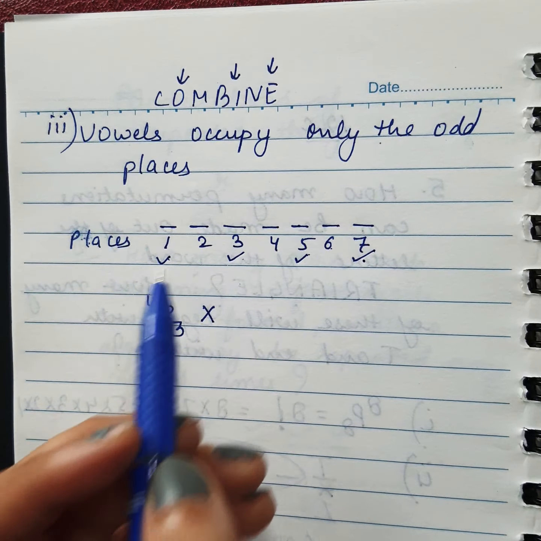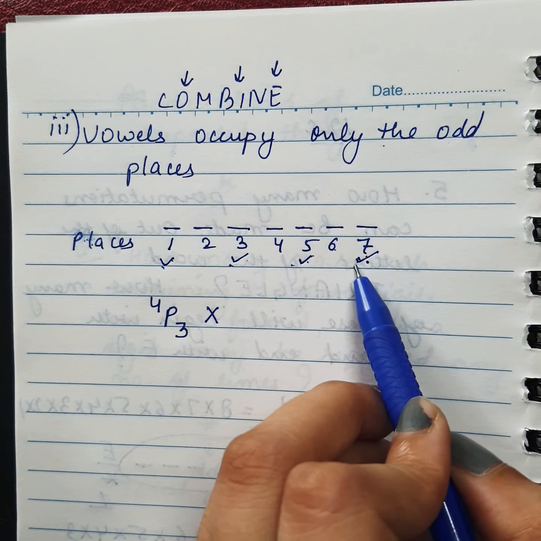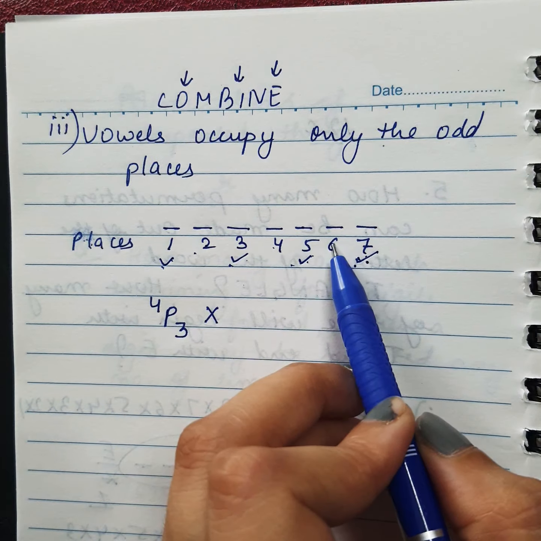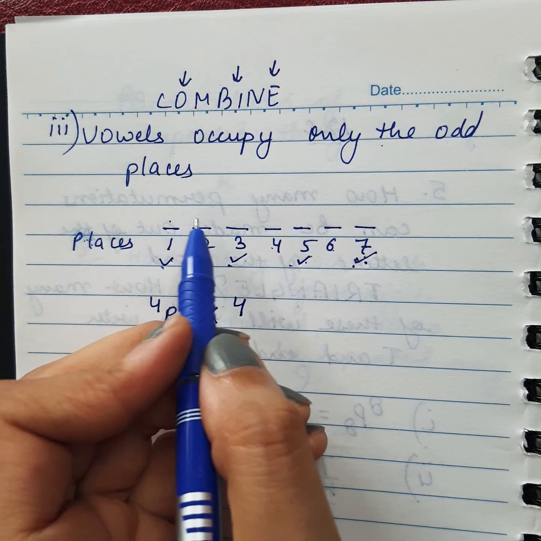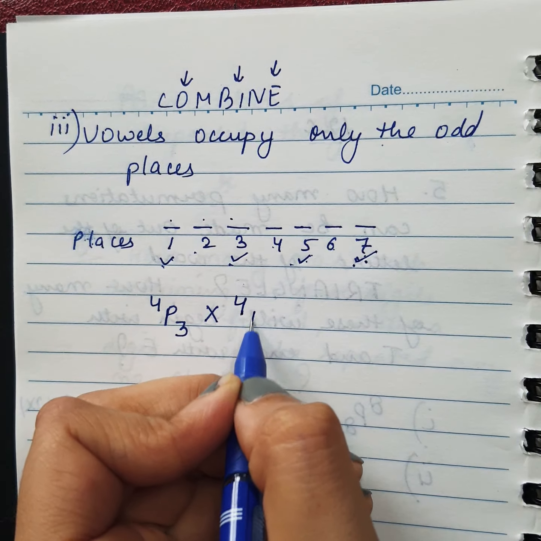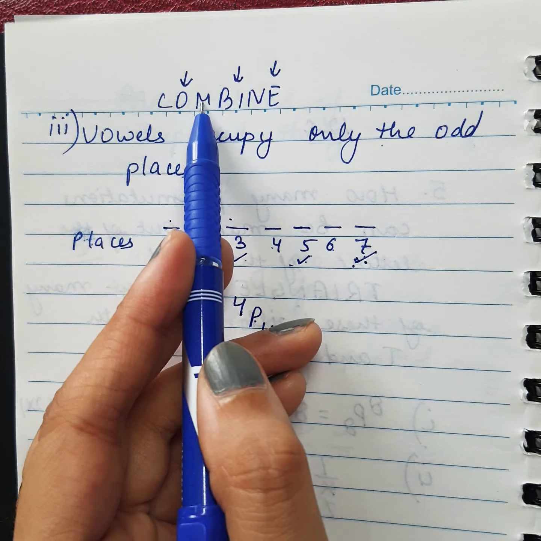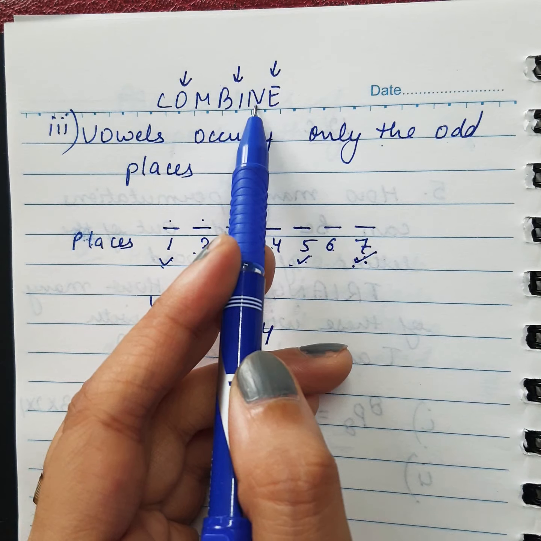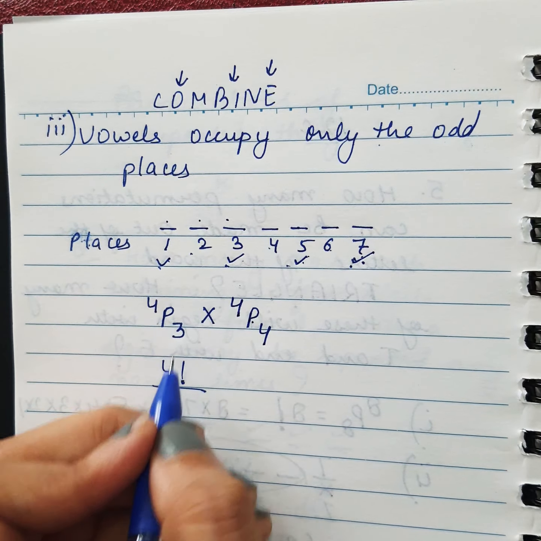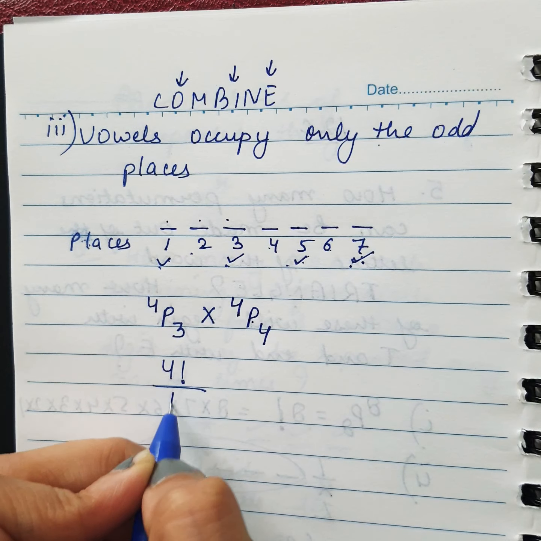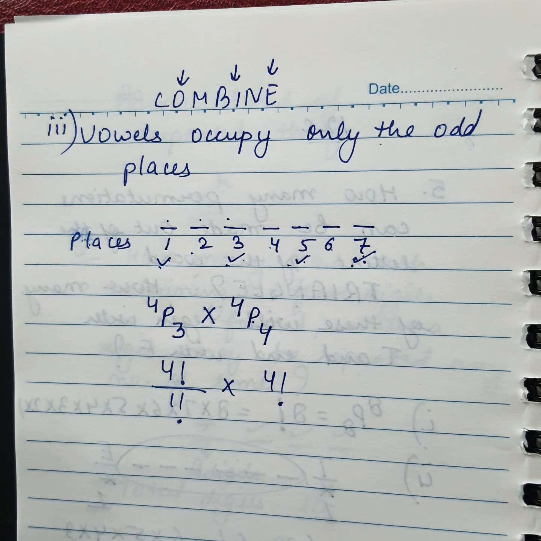Which one we do not know, but one place will remain empty. So 4 places are left after filling up 3 vowels. And how many consonants? 4 consonants are there, C, M, B, N. So 4 factorial upon 4 minus 3, that is 1 factorial, into 4 factorial.